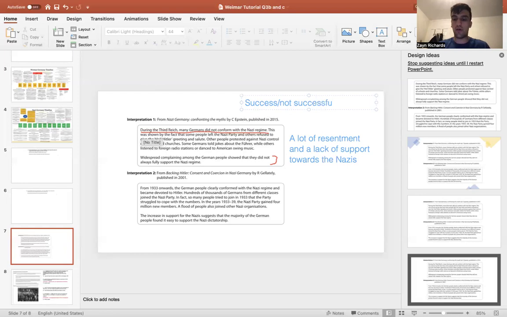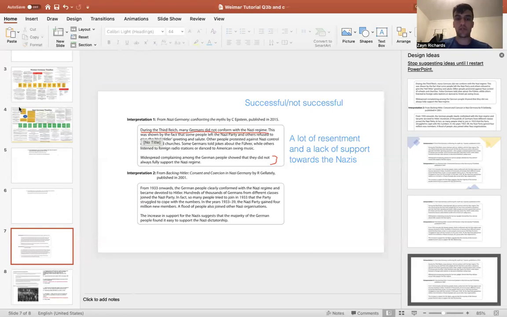This works for nearly all the questions. In this case, we would say that the Nazis were unsuccessful in gaining the support of the people, according to interpretation 1, whereas interpretation 2 is suggesting that they were successful. We don't even need to read it to know what it's going to be saying, though we obviously need to read it to get our quotes.